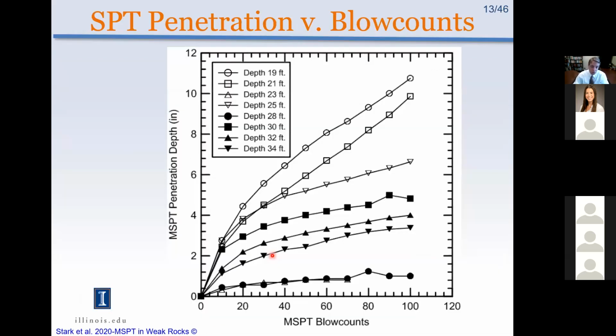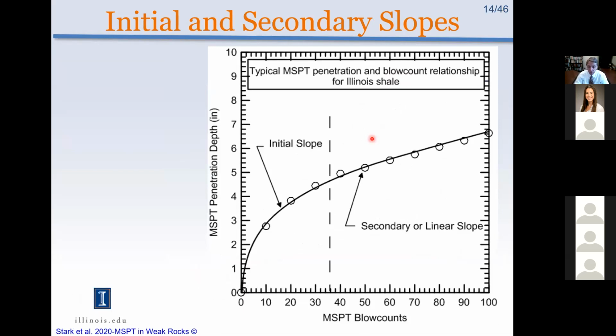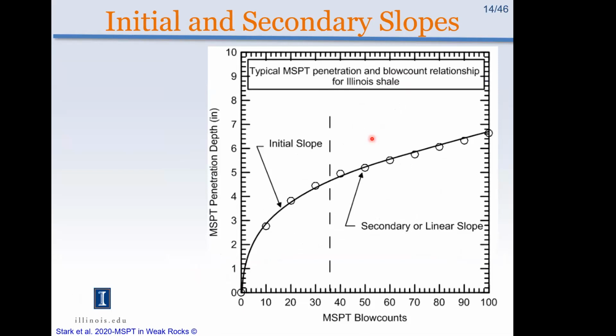So then we used the results we plotted on a graph of blow count versus penetration depth, like this. So here's one boring with 2, 4, 6, 8 tests. And we noticed that in the beginning, there's a fairly steep slope, and then it becomes pretty linear afterwards. And that allowed us to break up the penetration versus depth or blow count curve into 2 parts.